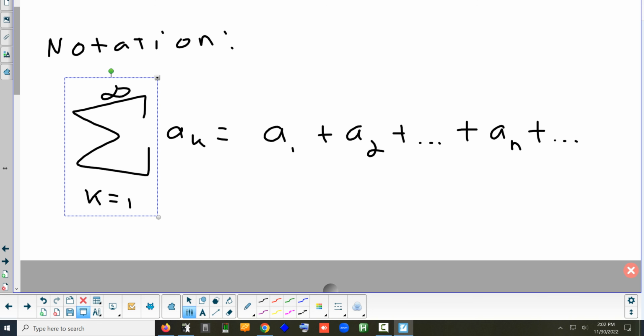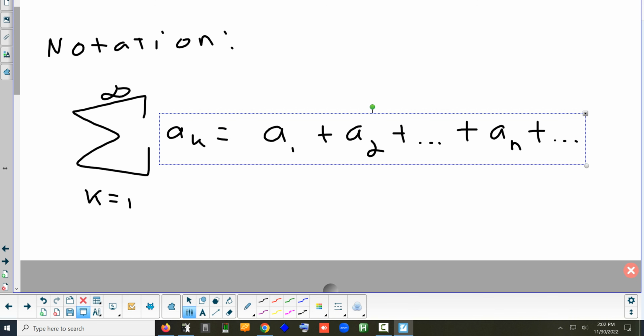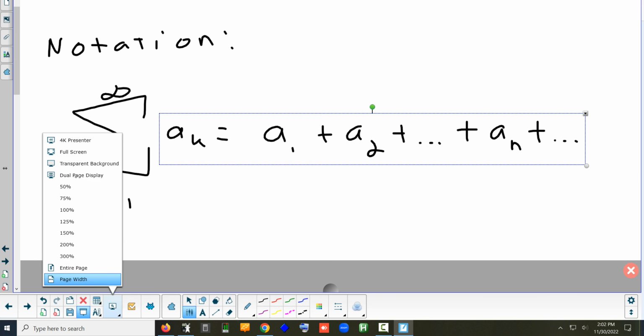Did anyone notice something that's different there? There's more dots at the end. So this means you have a bunch of terms at the beginning, a bunch more terms, then you get to the nth term, but then you keep going after that. So when you end something with a dot, dot, dot, that means it continues on forever. So that's the notation for an infinite series.